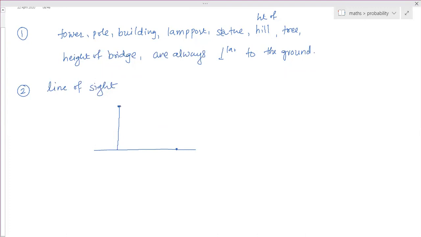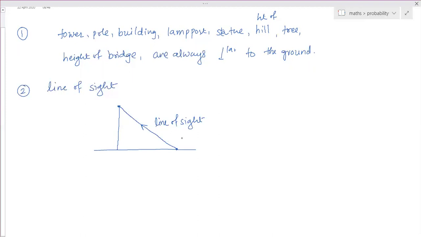So he is looking upwards, in this direction. This direction in which he is looking to the top of the tower, or the top of a building, hill, tree, anything, is his line of sight.